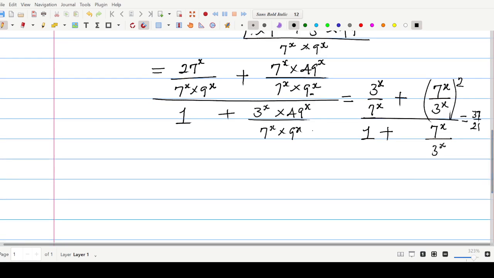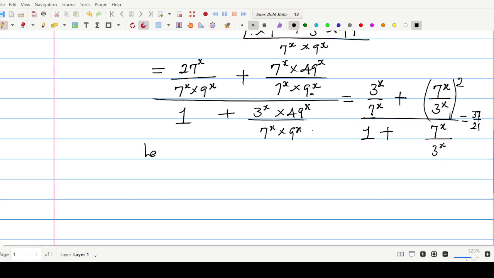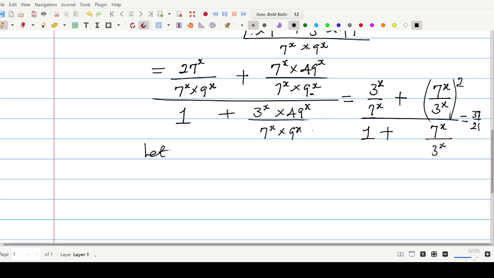So what we shall do here, we can say let p be equal to 3 to the power of x over 7 to the power of x. This implies that 7 to the power of x over 3 to the power of x is 1 over p. That is the meaning. All right. So in the place of 3 to the power of x over 7 to the power of x, we shall put p.